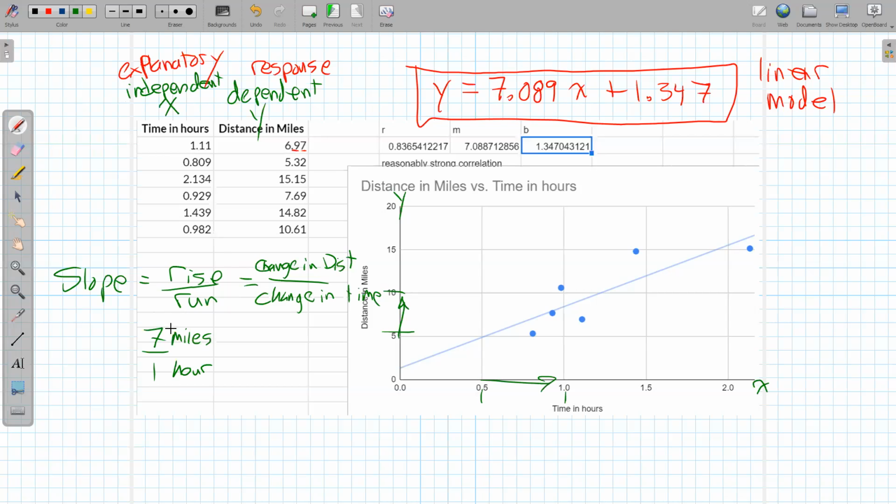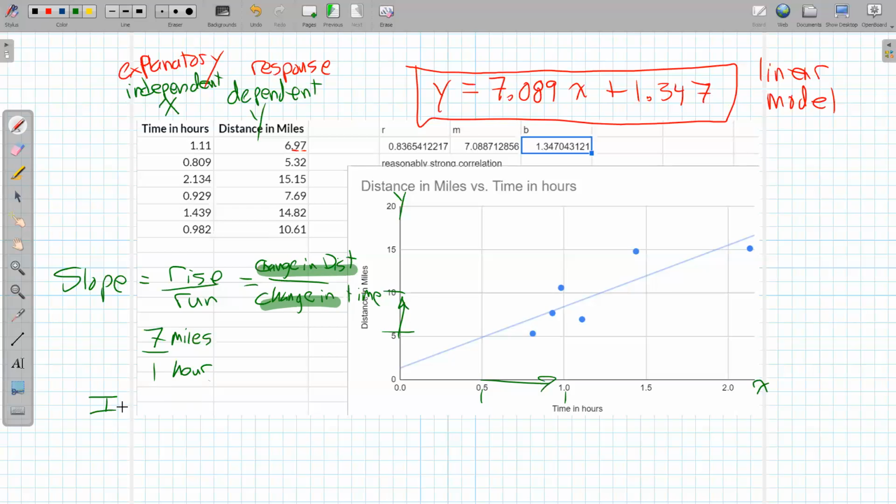And then what I want to do is take this idea of 7 miles over 1 hour and just write a sentence to explain it to somebody else that's not into math and statistics. And the important part of that is that these are changes in distance and changes in hours. And we usually start with the explanatory variable when we write what slope means.